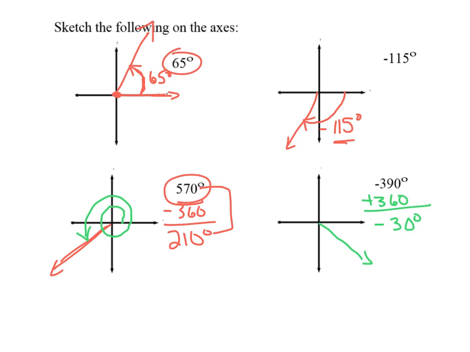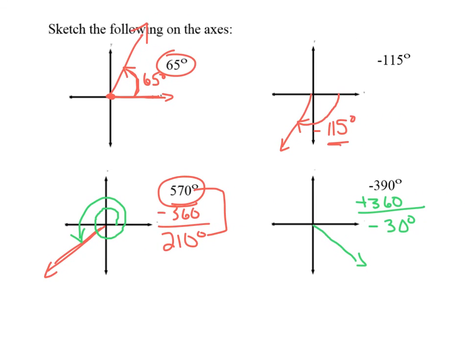So remember, it starts on the x-axis here, and it goes down 30 degrees. Okay, the only problem with that is it's negative 390, not negative 30. So I start here, I do a big 360 loop, and I go to the angle. Make sure you put the arrow, negative 390, and I always forget, so remember eventually.